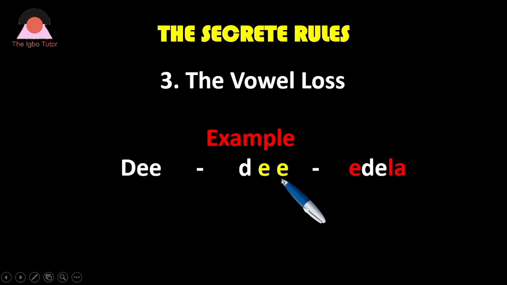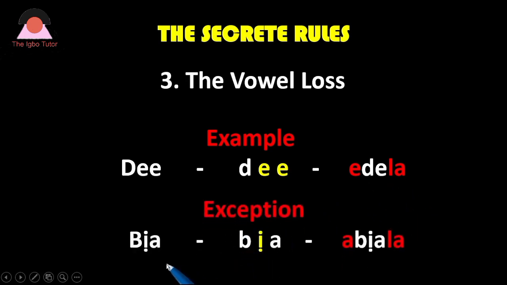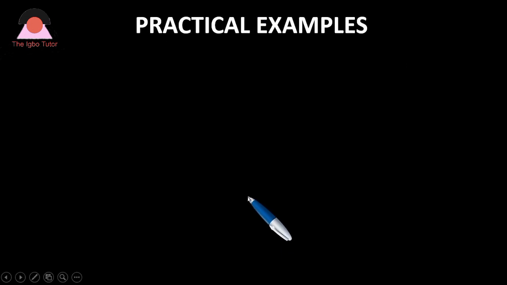But the second vowel has to go before we add the L-A. So it becomes e de la. But like I said earlier, there is an exception with bia. Look at bia. Bia here, two vowels. This one ought to go, but it refused to go. So we have a bia la as an exception. Apart from this verb, no other verb does this.